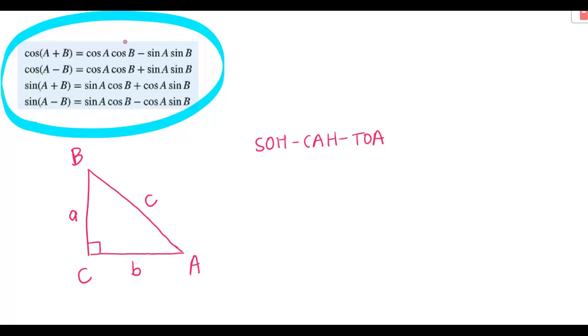Okay, so you can think about these if you want to as opposite, adjacent, and hypotenuse still. Or we've also converted these into our unit circle and everything as our x, y, and r. So remember, our sine of theta is our opposite over hypotenuse, or y over r.